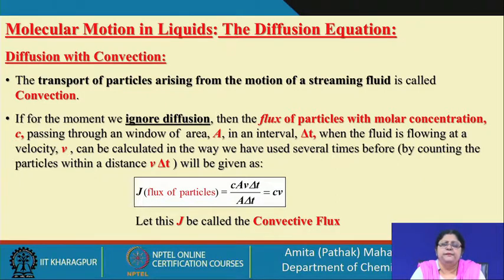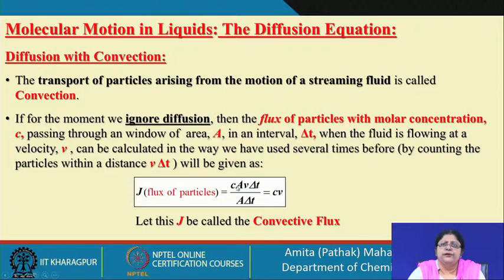The flux is the total number of particles, the number density, passing through the window A of area, v into delta t, divided by area into delta t. If we had talked about number density, then we would have multiplied by number density, and made it amount of particles by dividing by the Avogadro number.